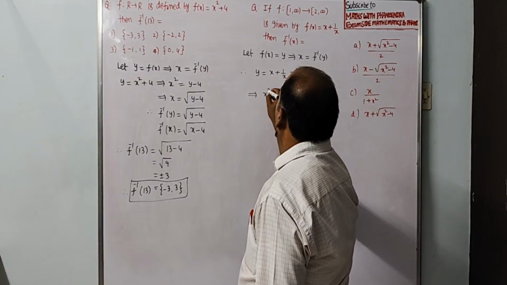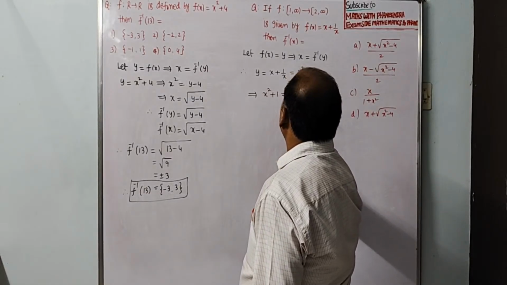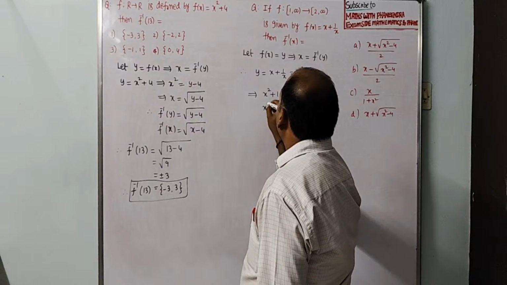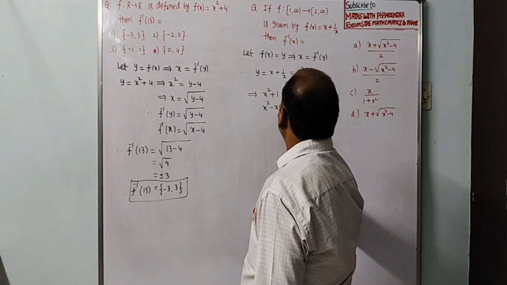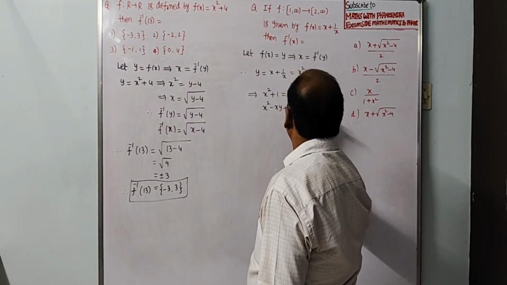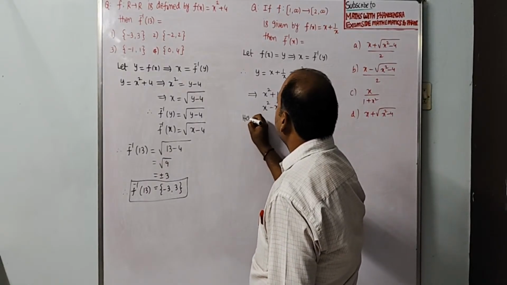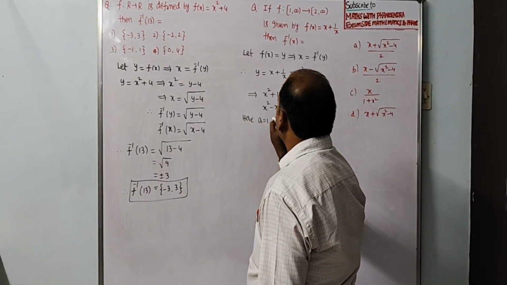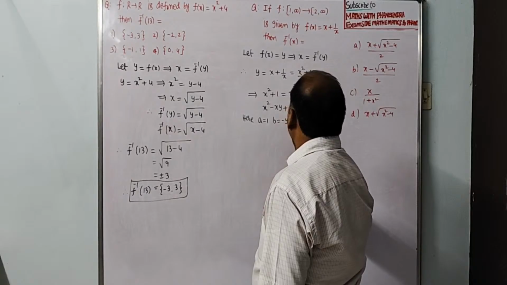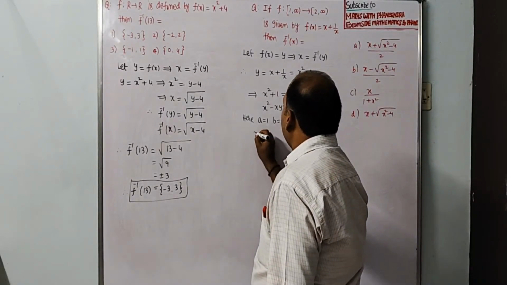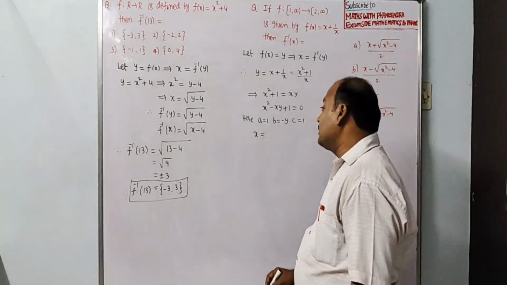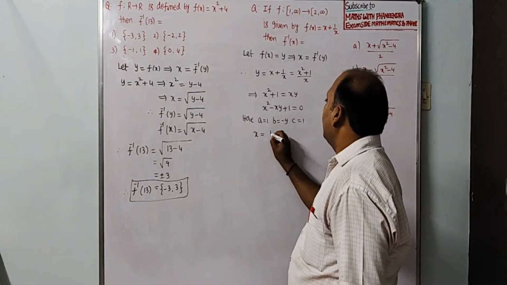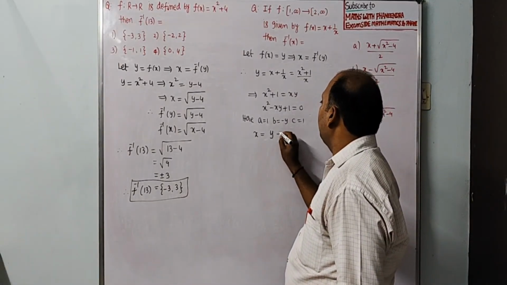Cross multiply, x square plus 1 is equal to xy. Now x square minus xy plus 1 equal to 0. It is a quadratic equation. Here a equal to 1, b equal to minus y, and c equal to 1. So I want x value, x equal to minus b plus or minus, so minus b means minus of minus y plus.